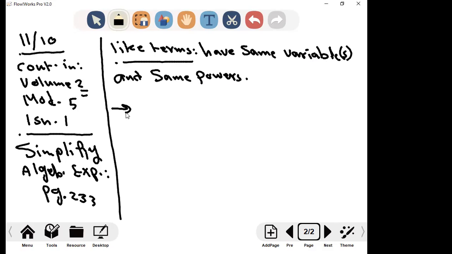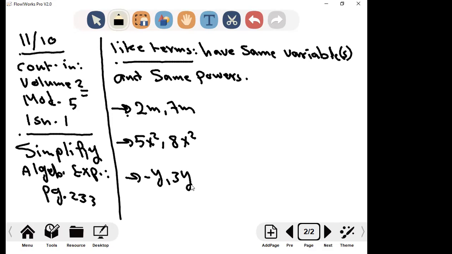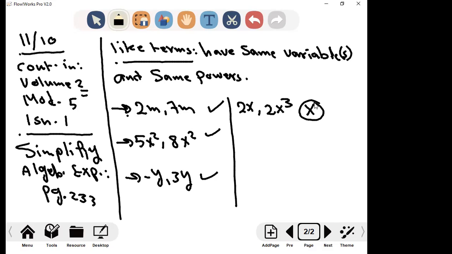For example, 2m with 7m, 5x power 2 with 8x power 2, negative y with 3y. All of them are like terms. But, for example, 2x with 2x power 3, they are unlike terms.